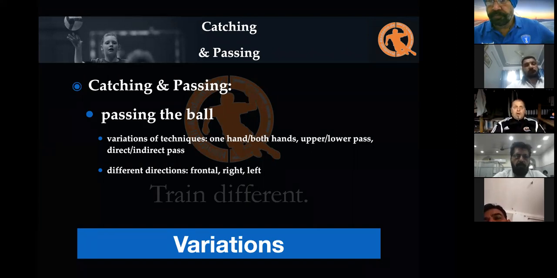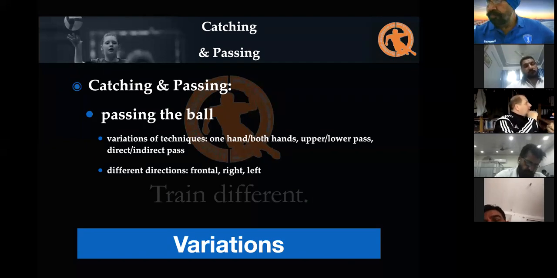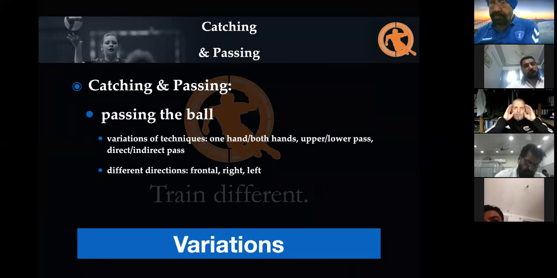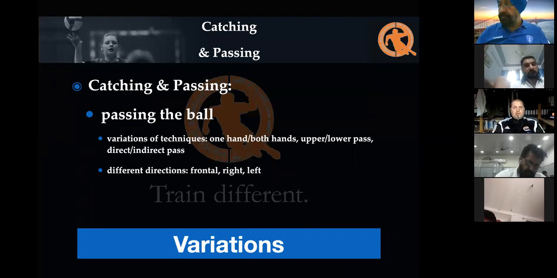Because if the player always has to turn the body and look to that position where the ball is coming from, and on the other side, turn the body to the direction or the position the ball is going to, they are missing time to observe the game situation. So in that moment, it's really important to do that facing the goal and then pass the ball.